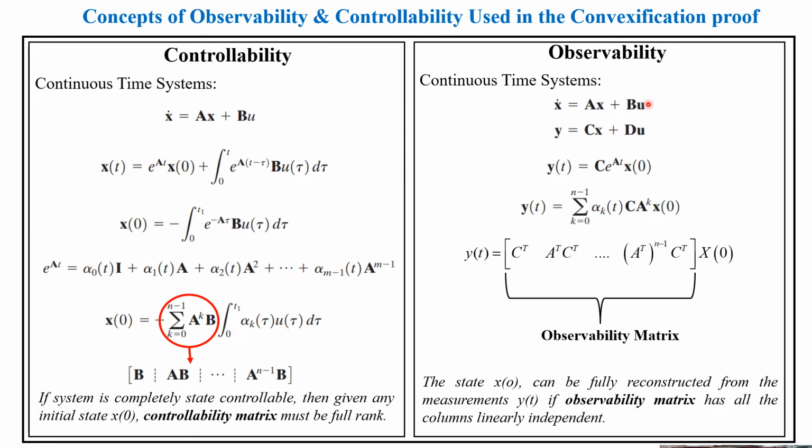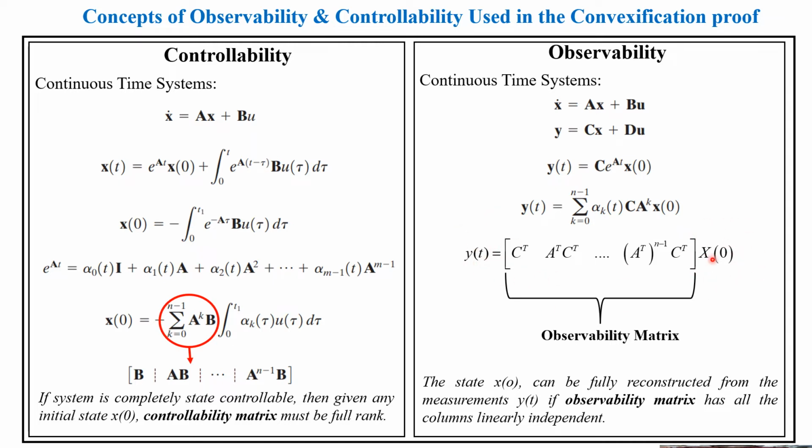Next comes the observability part. Given x dot is equal to Ax and y is equal to Cx, that means x dot is equal to Ax is the system dynamics and y is equal to Cx is the measurement dynamics. Now given these two, we can again formulate this as y of t is some matrix times x naught. That means we are reconstructing this x naught given the measurement.